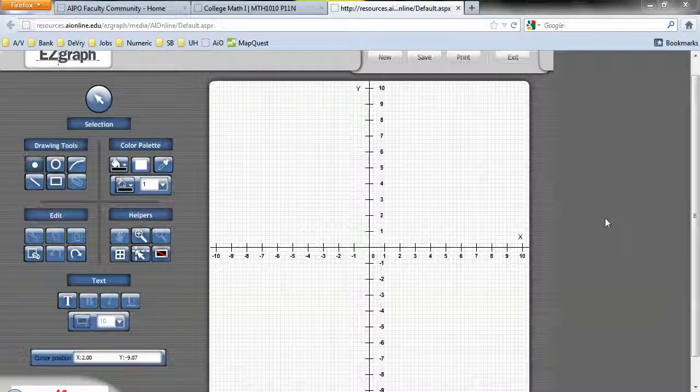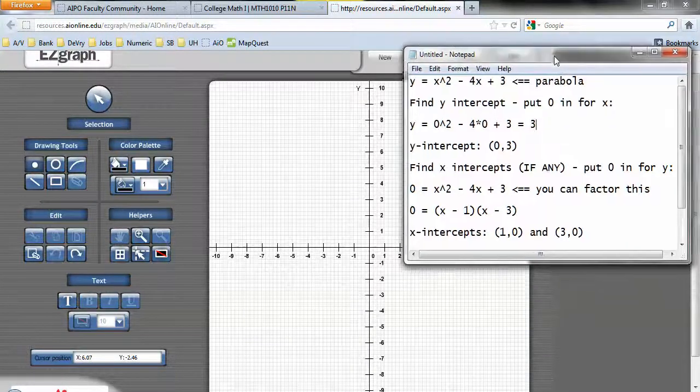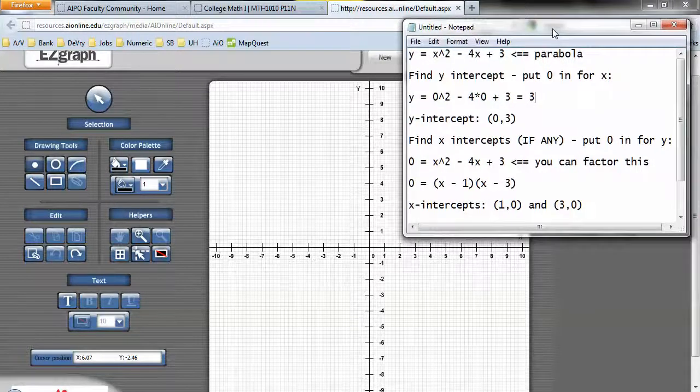Okay everybody, welcome back. What I'm going to show you now is how to draw a graph of a parabola using EZGraph. Now what we usually need for a parabola in order to draw it is 3 points. Okay, so I've got an equation here, y equals x squared minus 4x plus 3.